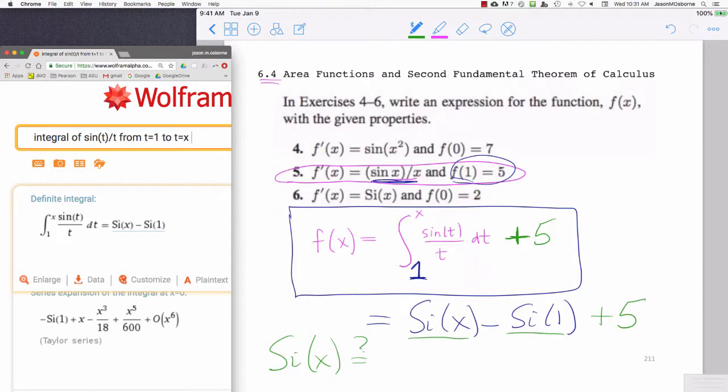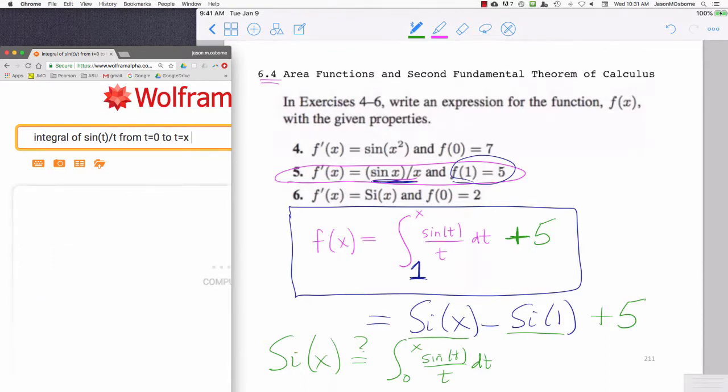Turns out that that function is the integral from 0 to x of sine of t divided by t dt. So the computer, Wolfram alpha, is giving you your answer in terms of an integral defined function.